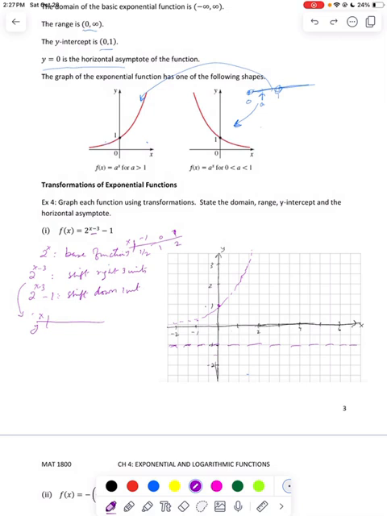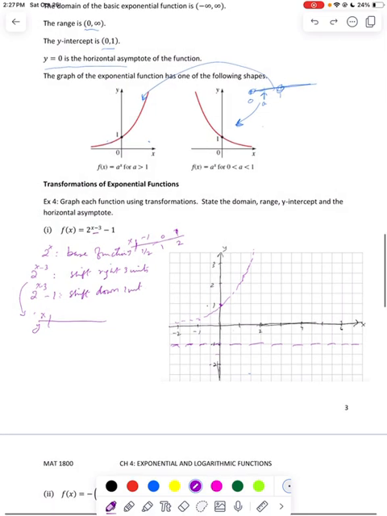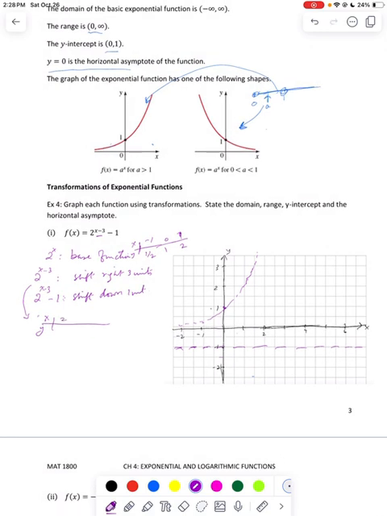Then shift 3 units. So what will happen when you shift horizontally? The x values change, and the y values remain the same. So it's shifting 3 units to the right, so we add 3 to each x value. When I add 3 to -1, I get 2. When I add 3 to 0, I get 3, and then 4.